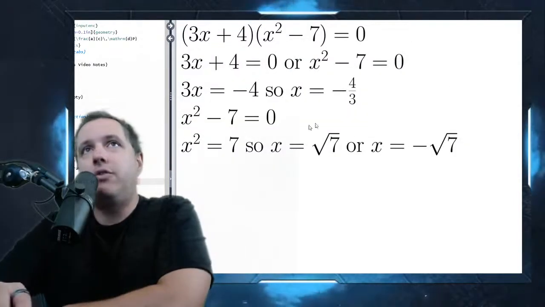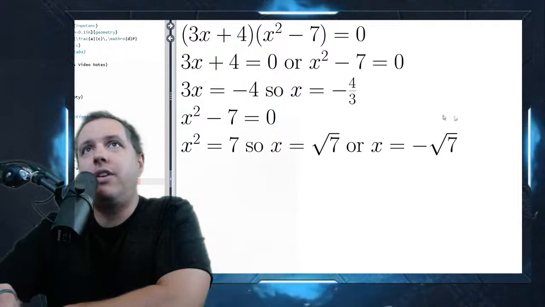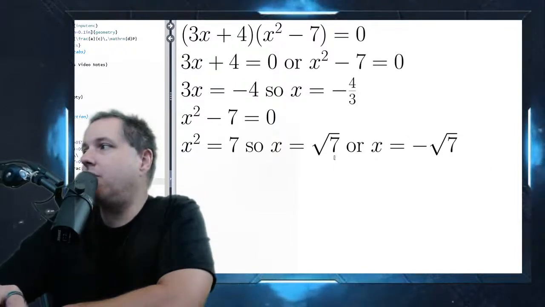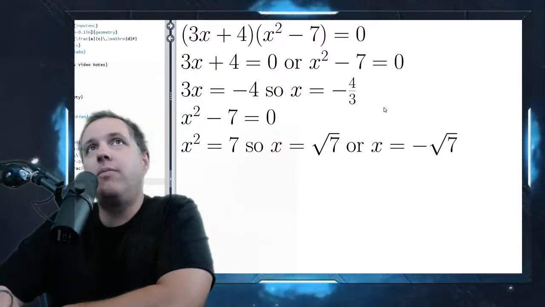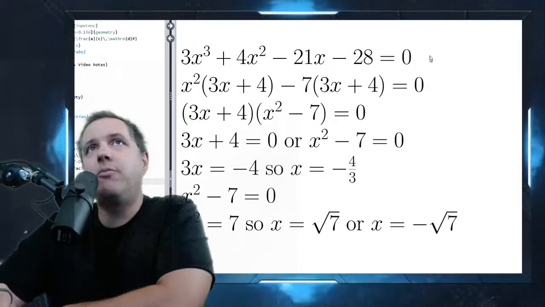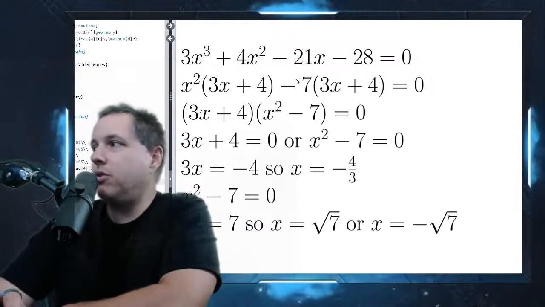So we have 3 answers: negative 4/3, square root of 7, negative square root of 7. If you take any of these 3 numbers and plug it into the original polynomial, they should work.